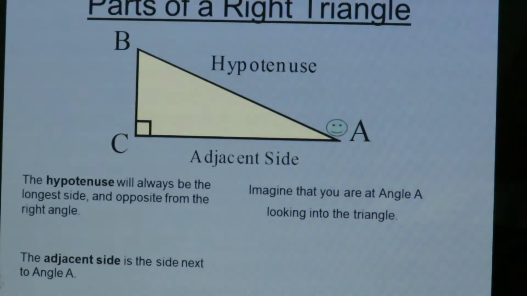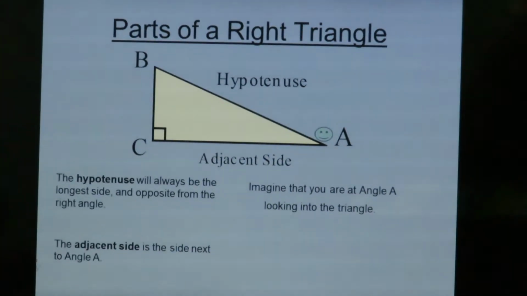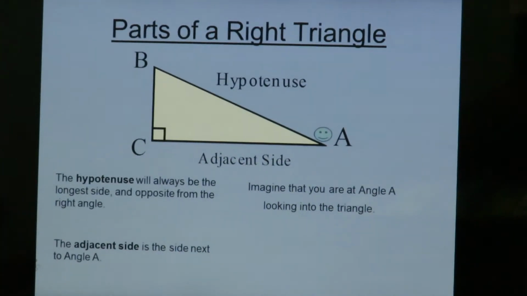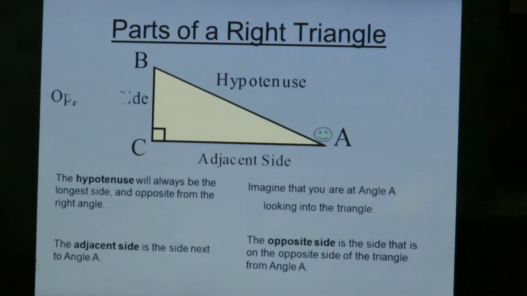The adjacent side is the side next to angle A. The opposite side is the side on the opposite side of the triangle from angle A.